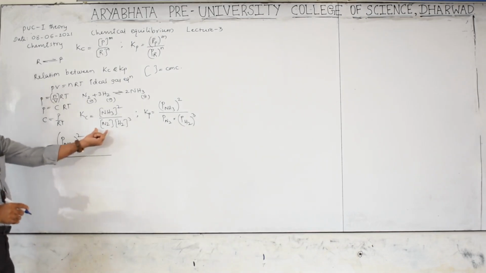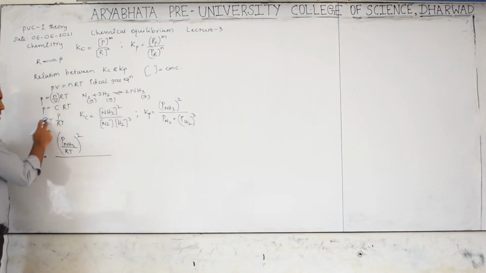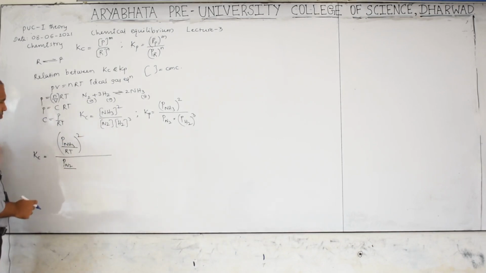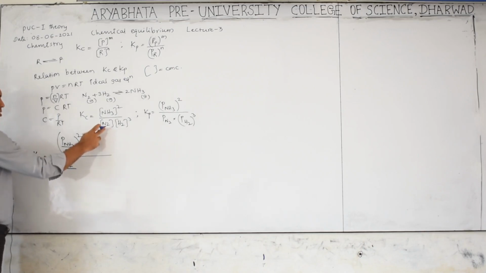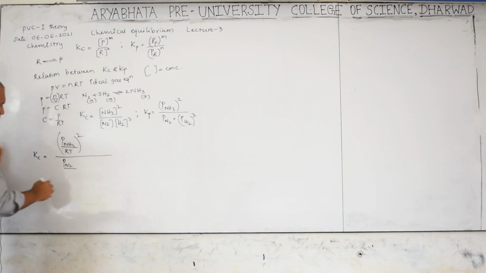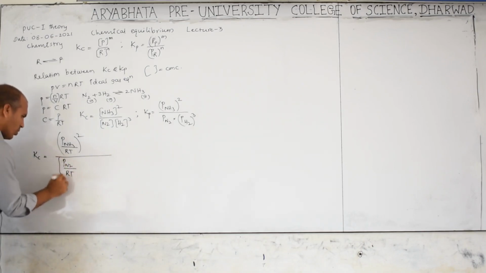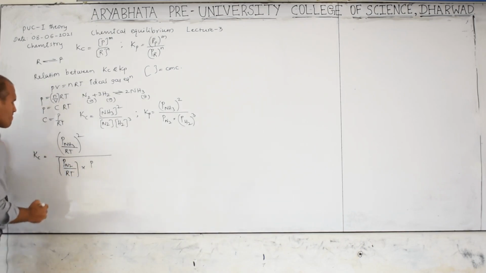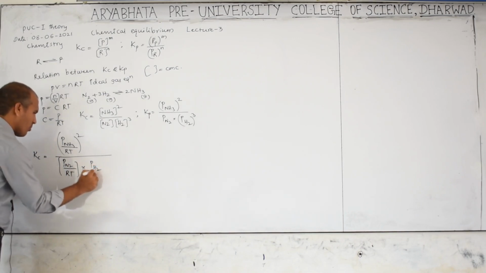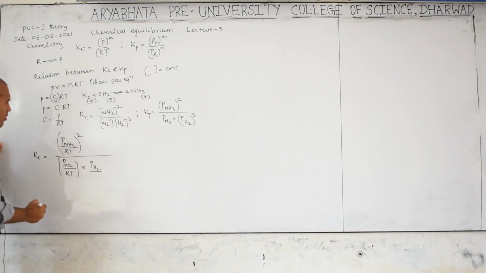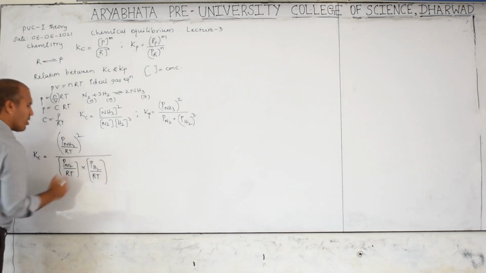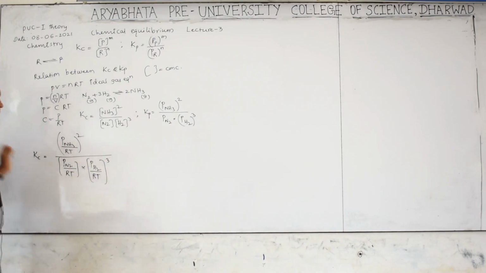Next, the concentration of nitrogen means pressure of nitrogen, in the denominator RT whole power 1, multiplied by pressure of hydrogen by RT whole power 3.